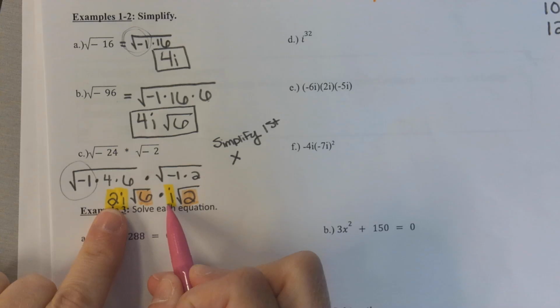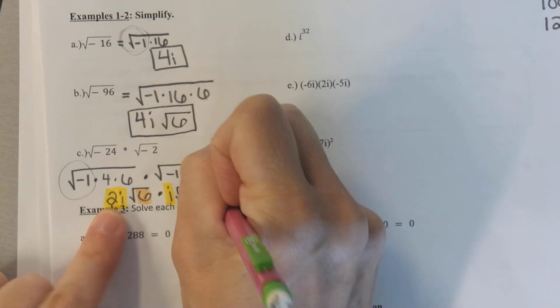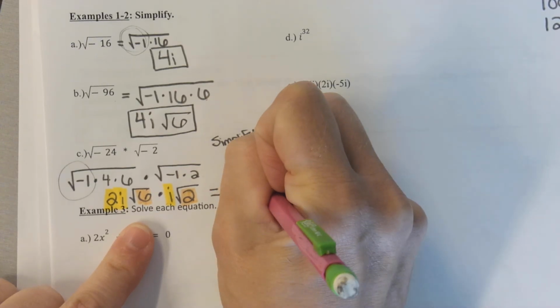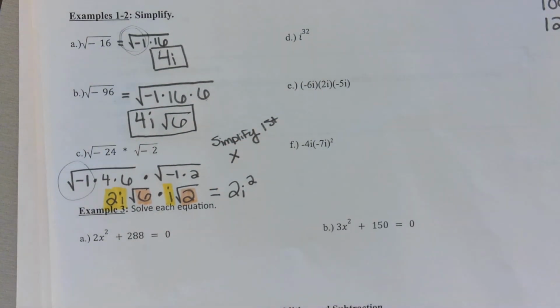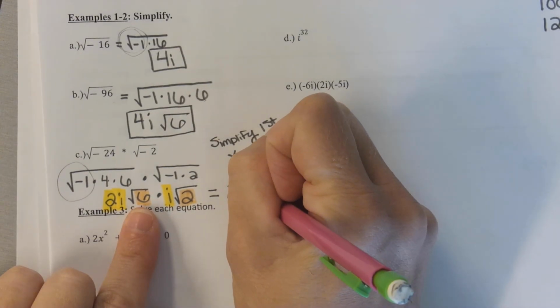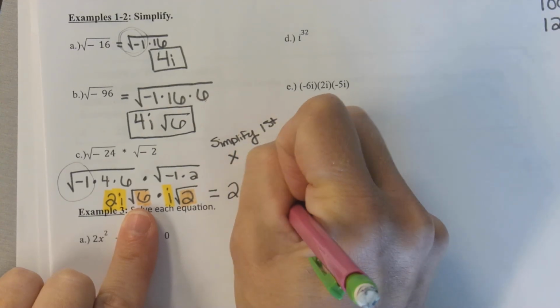What would you get if you had 2i times i? 2i squared. I agree. Remember, whenever you have 2 of something like x times x, x squared. y times y, y squared. Same thing here, i times i is i squared. Now, these we can multiply together as well because they're both under the root. What do I get when I multiply 6 times 2? 12.